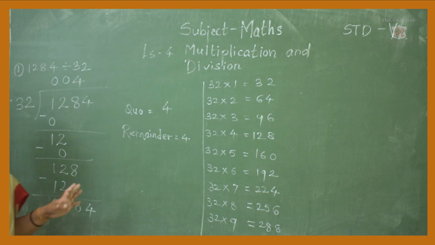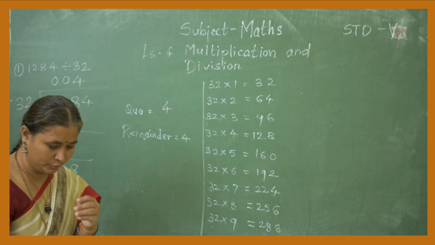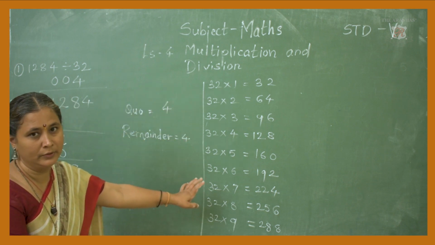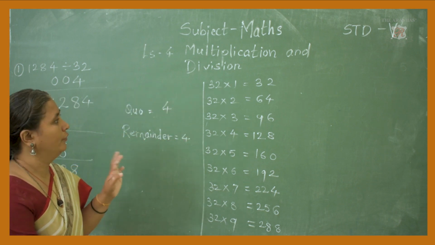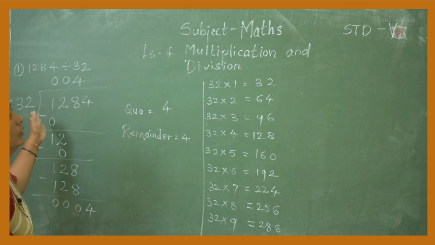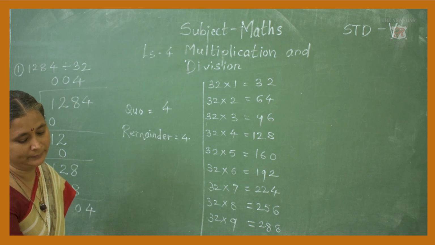For any number, to do the division you have to write the table to solve the sum. First write the table, then go to the calculation.